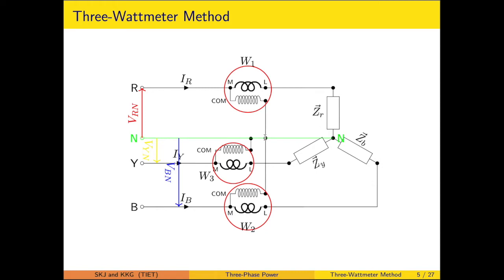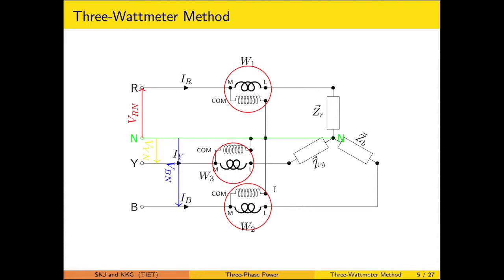Likewise, in the 3 watt meter method, all three currents IR, IY and IB are passed through the current coils of the 3 watt meters. The voltage or the pressure coil is connected between the respective phase and the neutral. So that is VRN, VYN and VBN, that particular will be the voltage.